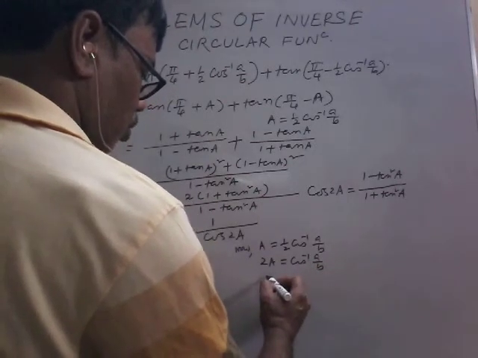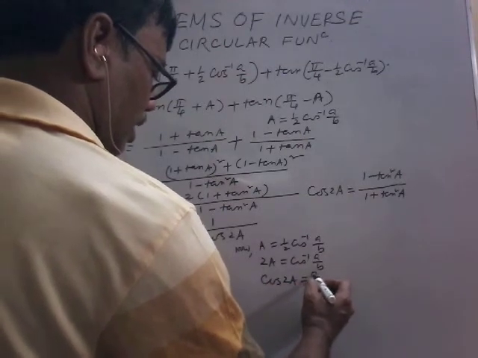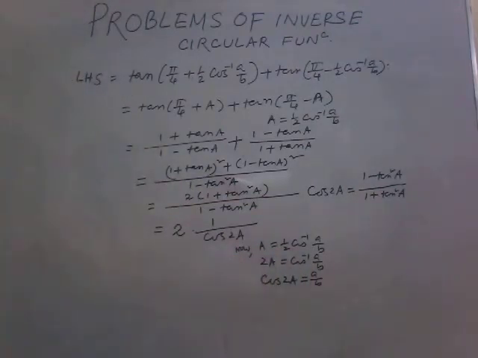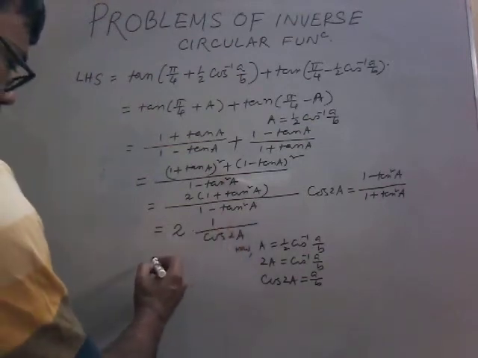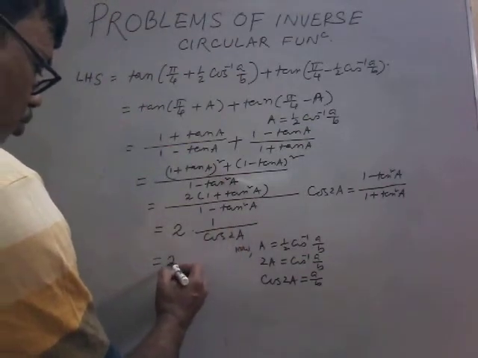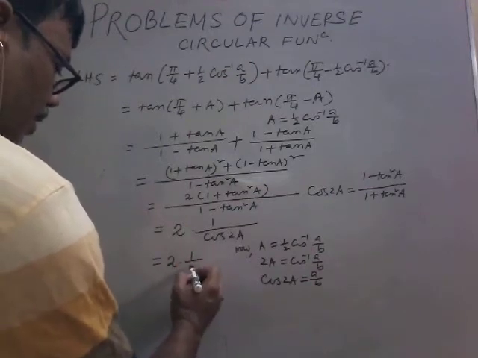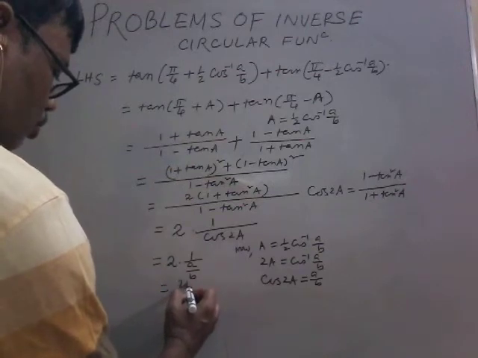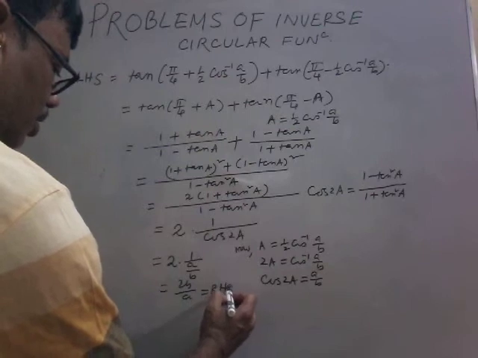So cos 2A equals a by b. Put the value of cos 2A: 2 into 1 by (a by b) equals 2b by a, which is the RHS.